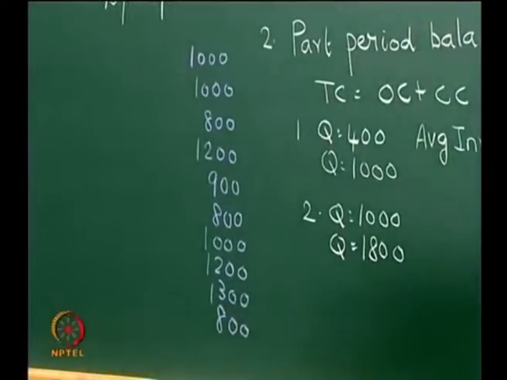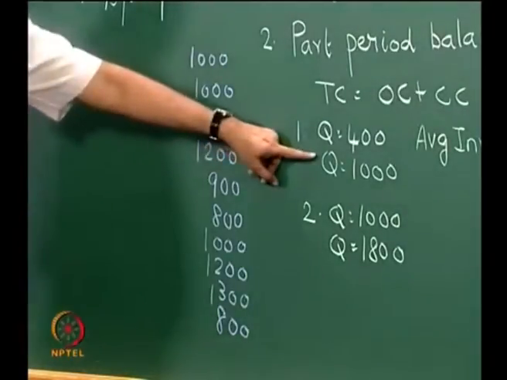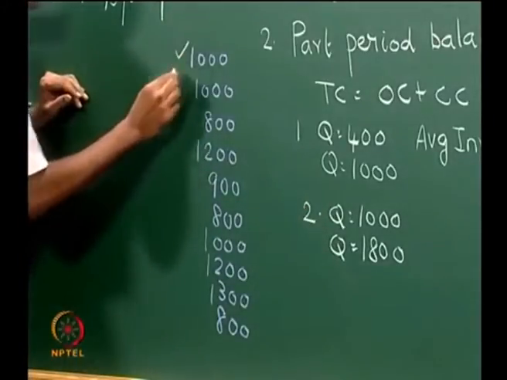So, in the part period balancing heuristic, two of the things that we saw, an order quantity of 1000 and another order quantity of 1000, are shown here as 1000 and 1000.